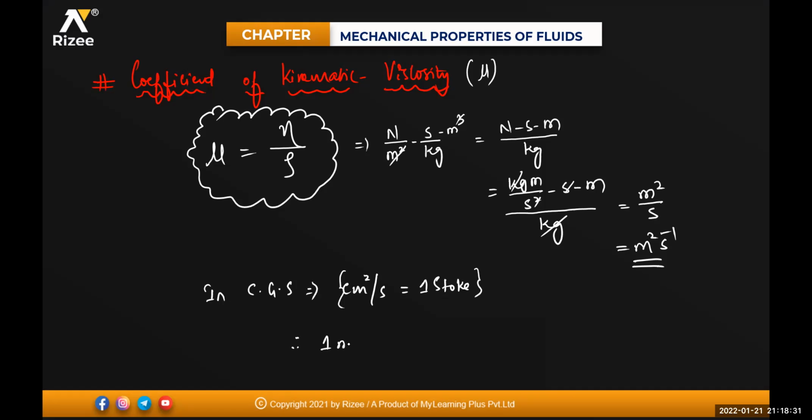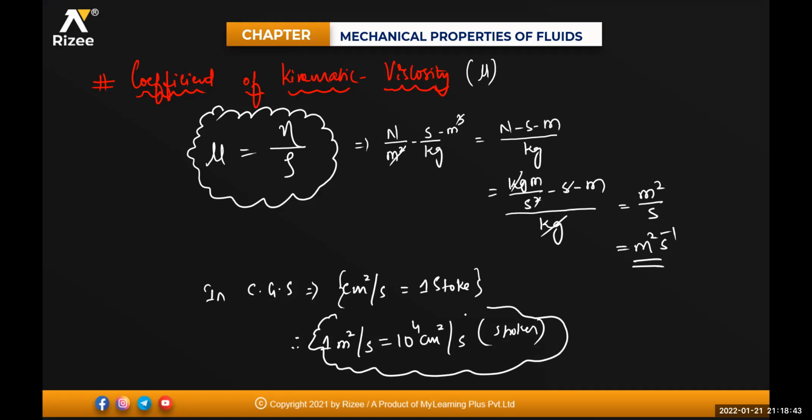Therefore, 1 meter square per second is equal to 10 to the power of 4 centimeter square per second, or 10 to the power of 4 Stokes. 1 meter square means 10 to the power of 2 whole square centimeters, that means 10 to the power of 4 centimeter square per second, which is 10 to the power of 4 Stokes. Done, beta? Clear?